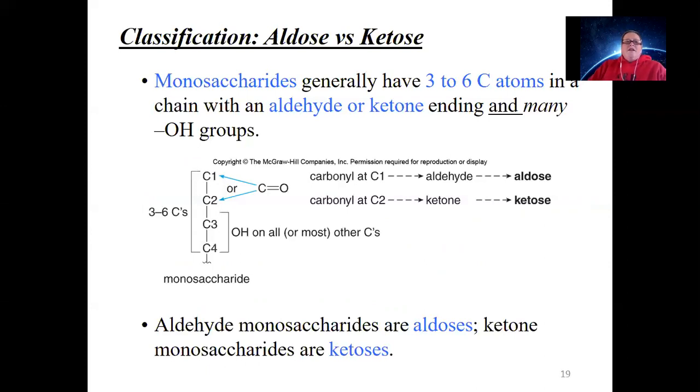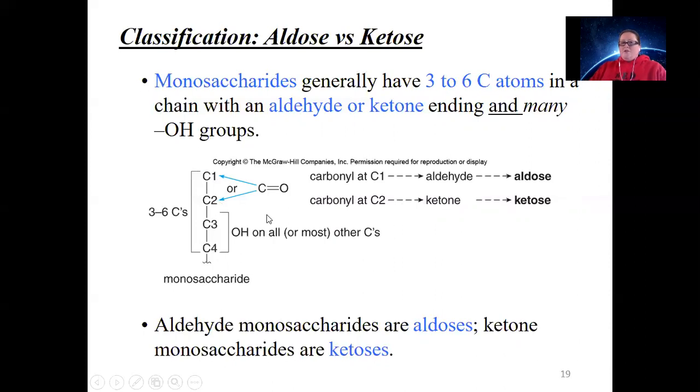So looking at the classification of aldose versus ketose, monosaccharides generally only have between 3 and 6 carbons, and the aldehyde is always the number 1 carbon, and the carbonyl group on a ketone is always at carbon number 2.